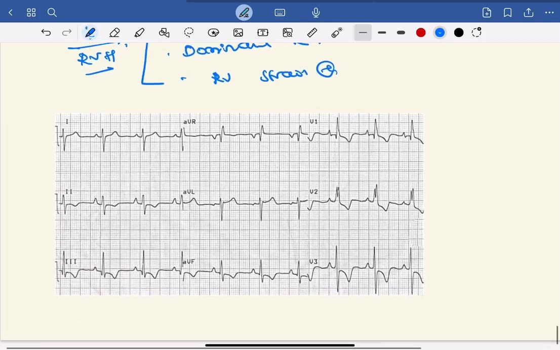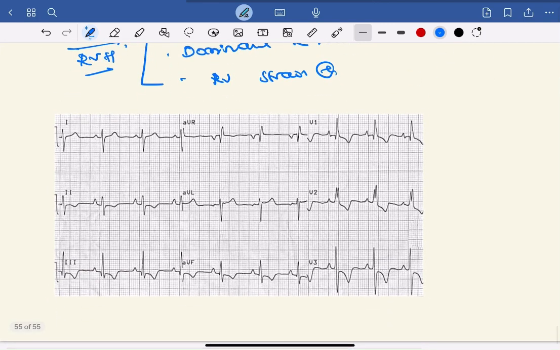So let's look at another ECG. Second ECG. Here rhythm is okay. P wave QRS, P wave QRS. RR interval is regular. So normal sinus rhythm with the normal rate, 1, 2, 3, 4. So around 75 is the heart rate. The axis is predominantly downward in lead 1 and predominantly upward in lead aVF.